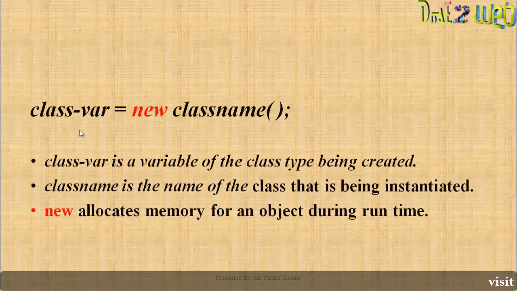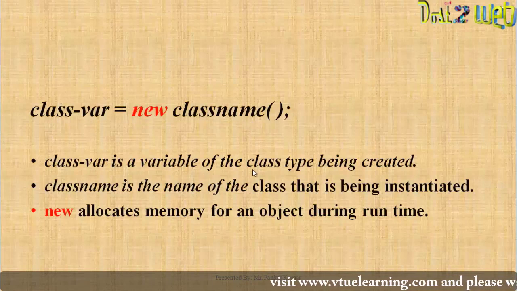This syntax we have seen yesterday: class var is equal to new class name. So this is the method. First you write the class name, space, object name, or you can say the reference variable, next class variable is equal to new and class name. So class variable is a variable of the class type that is being created.